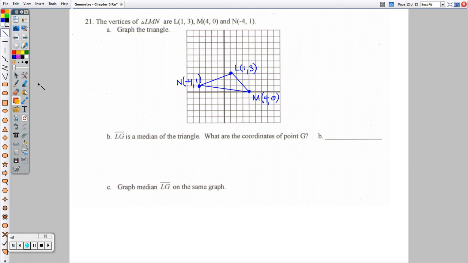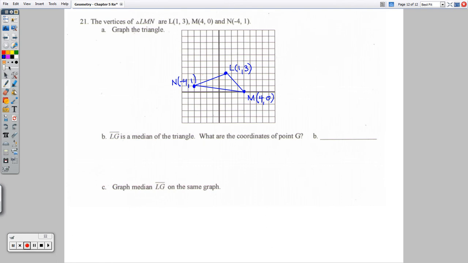We've graphed the triangle. And then it says LG is a median of the triangle. So if it's LG, it has to have L in it. So G's got to be across from that there. We would have to find the midpoint of this side to know where that extra point is for the median, where G is. So G is going to be the midpoint of NM. That's going to be the average of the x's, so x1 plus x2 over 2, and the average of the y's for that particular segment.